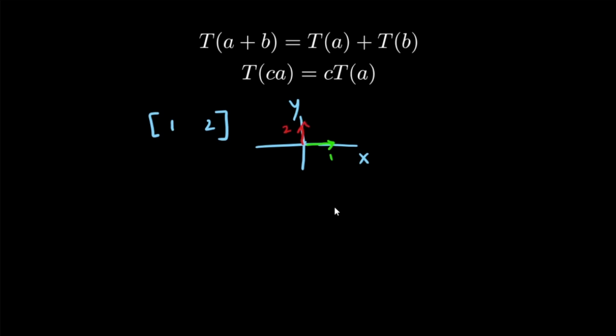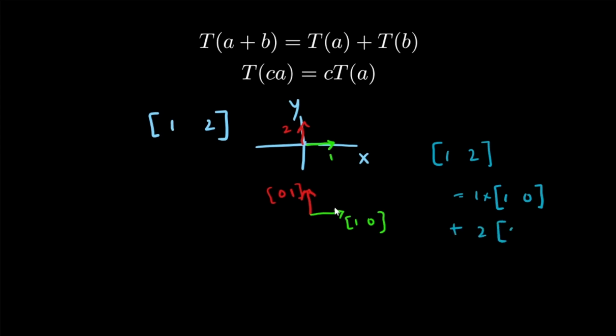So if you have a two-dimensional space that has unit vectors 0, 1 and 1, 0 as your basis vectors, any other vector, 1, 2, can be represented in terms of these unit vectors as 1 times the unit vector in the x dimension plus 2 units in the y direction.